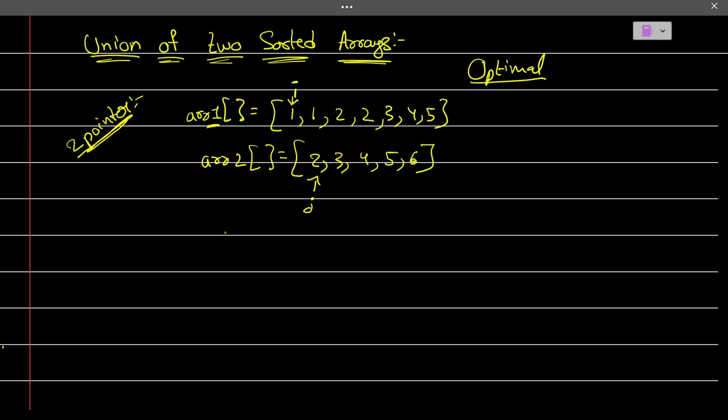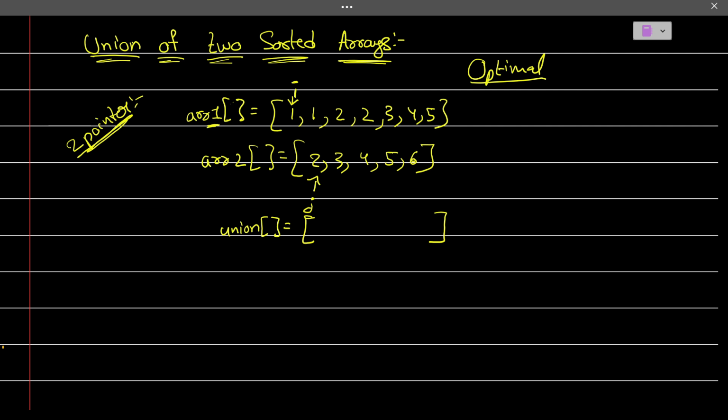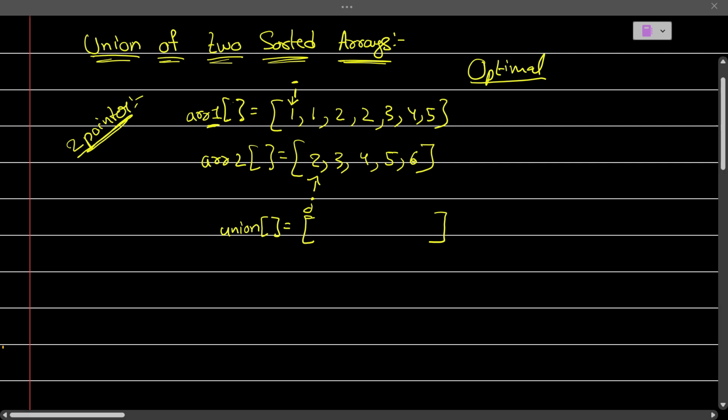Then I'm going to define a union array. The first element of the union should be the smallest, so I'll take 1 from the I pointer and move the I pointer.